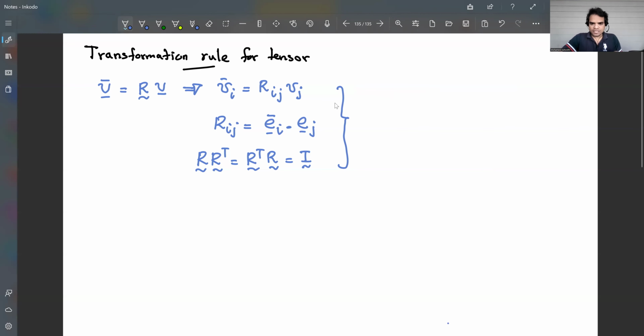This is the transformation rule for a tensor of rank 1. Any vector will follow this transformation except the zero vector, which is invariant.